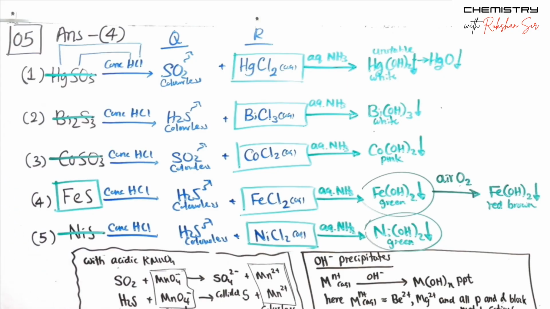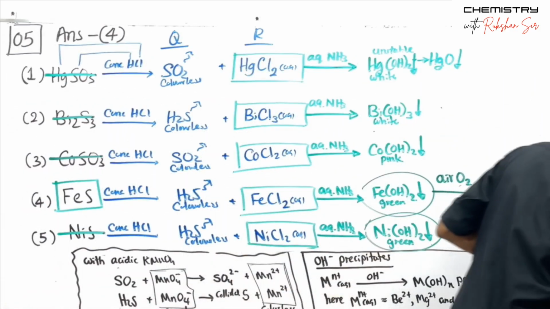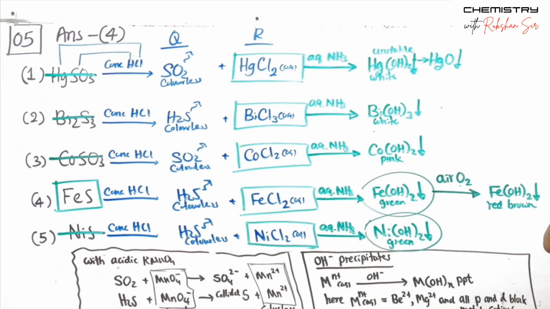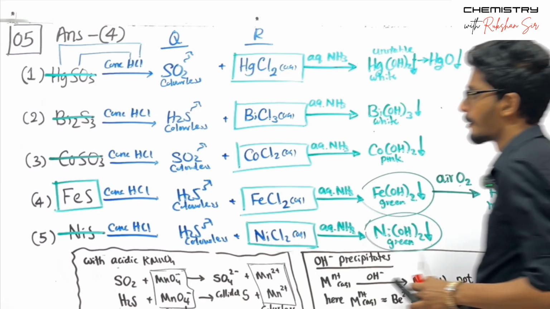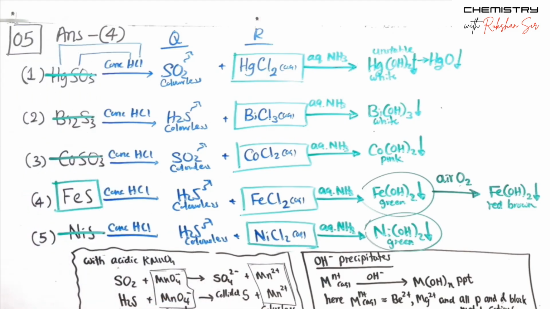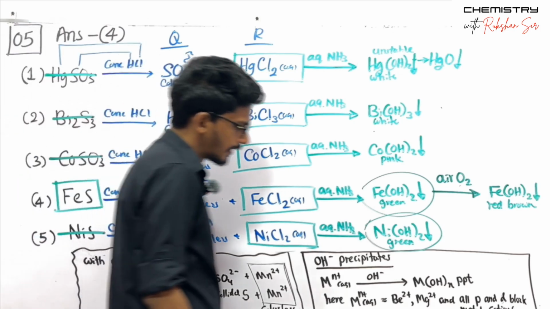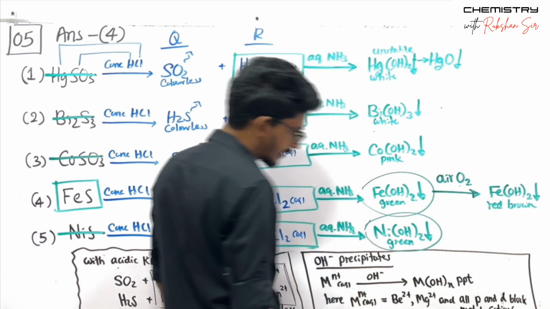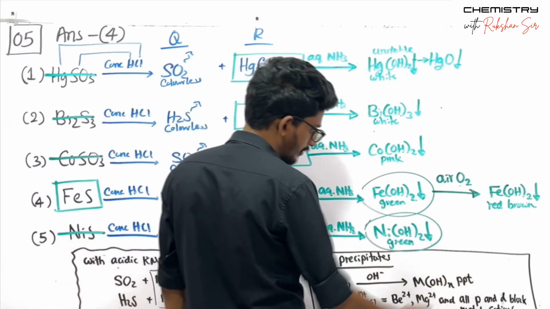Let's complete this now. When it comes to hydroxide precipitates, in S block only beryllium and magnesium will precipitate as hydroxides, but with the P and D block metal cations, all of those will precipitate as hydroxides.